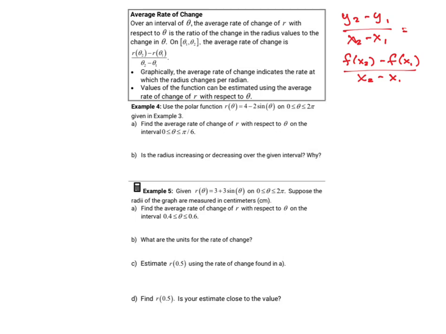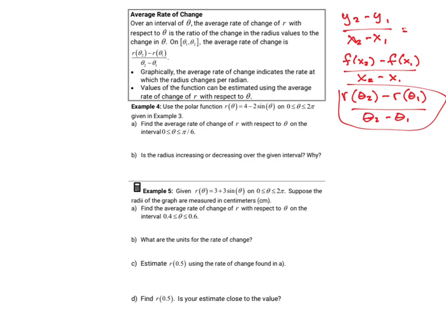But what if I'm dealing in this polar world? r of theta 2 minus r of theta 1 over theta 2 minus theta 1. Absolutely. This is your average rate of change. So we're taking what you learned in Algebra 1. How do I find the rate of change of a graph? y2 minus y1 over x2 minus x1.